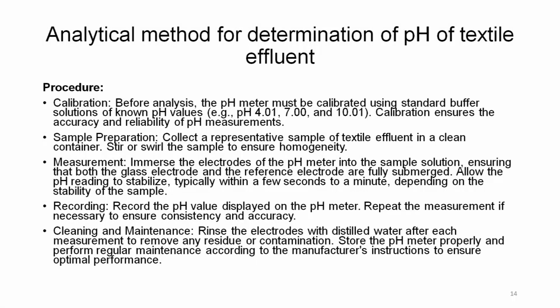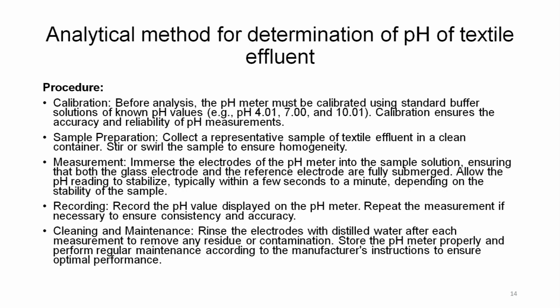Calibration: before analysis, the pH meter must be calibrated using standard buffered solutions of known pH values, that is 4.01, 7 and 10.01 pH values of solution. Calibration ensures the accuracy and reliability of the pH measurements.